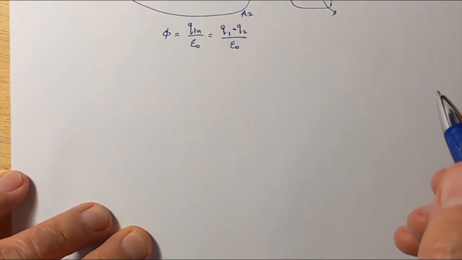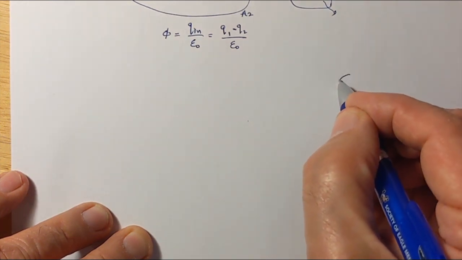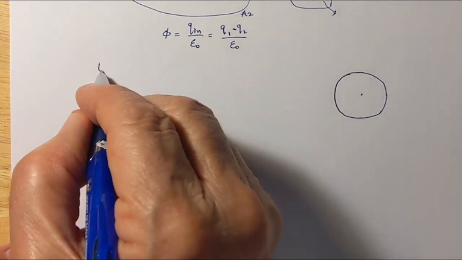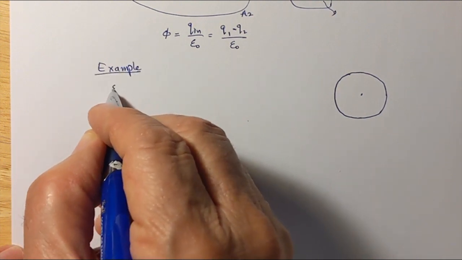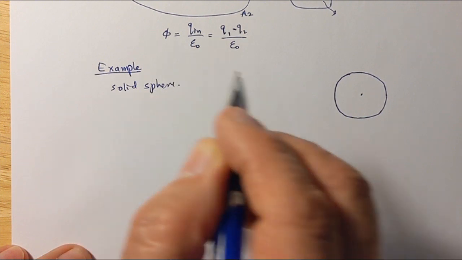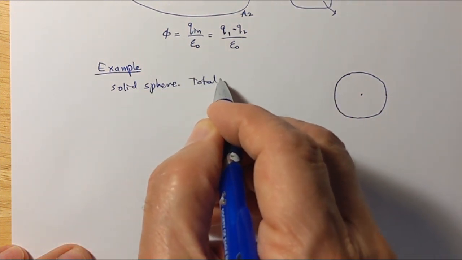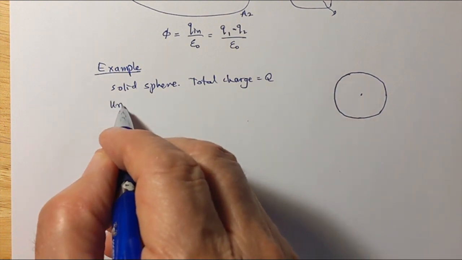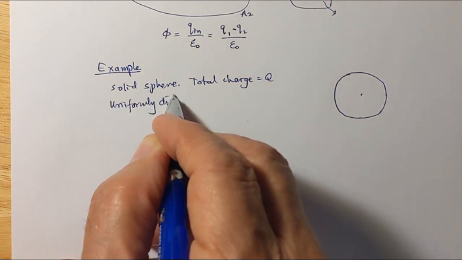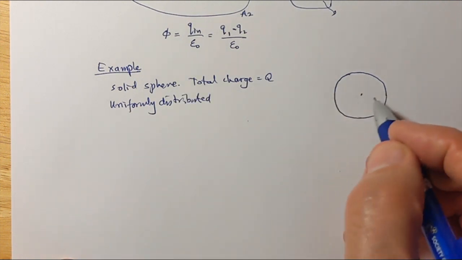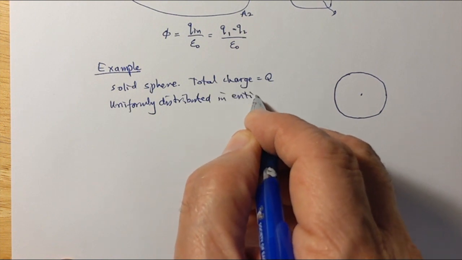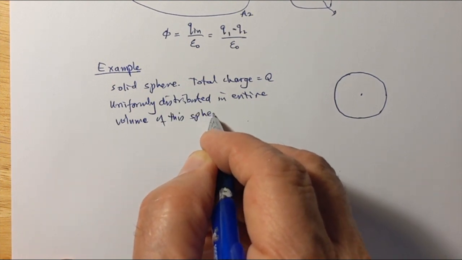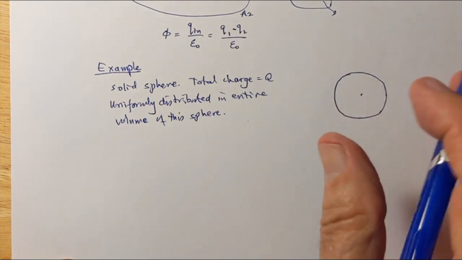So we'll take the case where we have a solid sphere, and it has a total charge of Q coulombs, and this charge is uniformly distributed in the entire volume of the sphere. So in the entire volume we have a uniformly charged distribution.